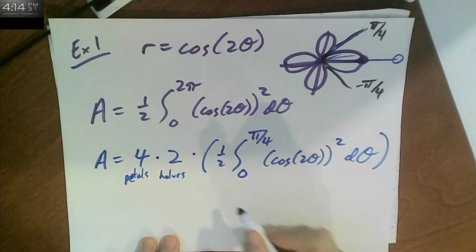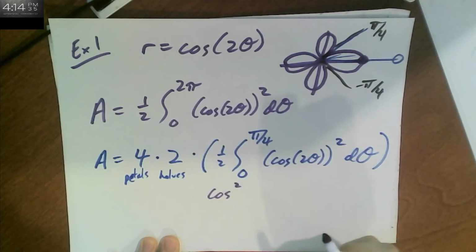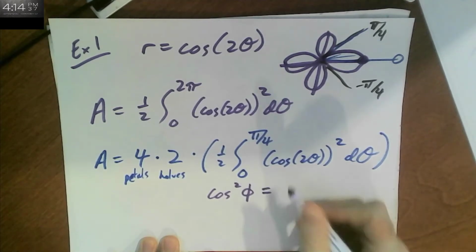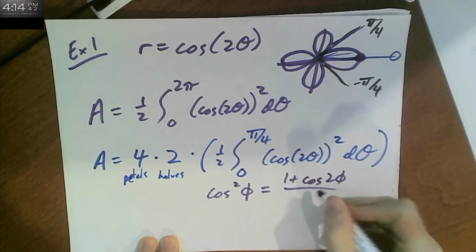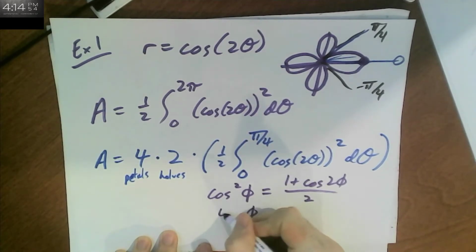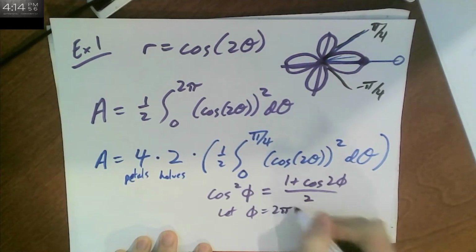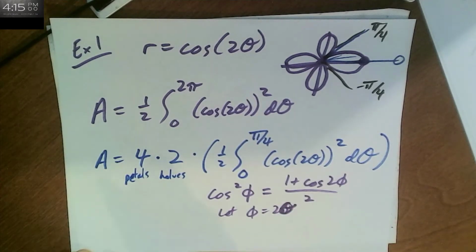And then there's one last trick to worry about here, which is that we know that cosine squared of phi is equal to 1 plus cosine of 2 phi divided by 2. Which means if I let phi equal 2 theta, we can sub this in and see what happens.